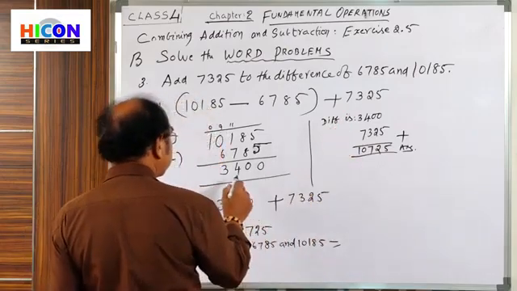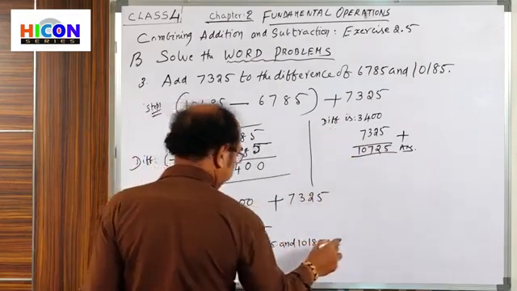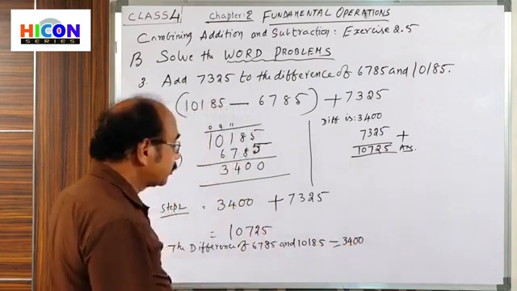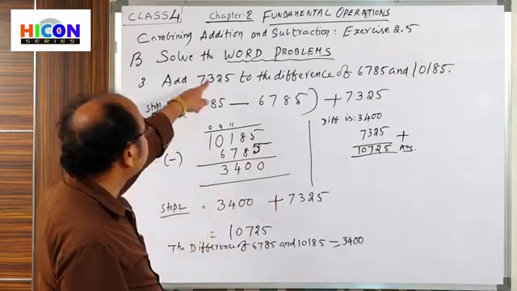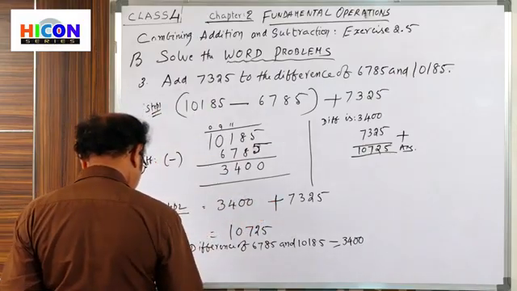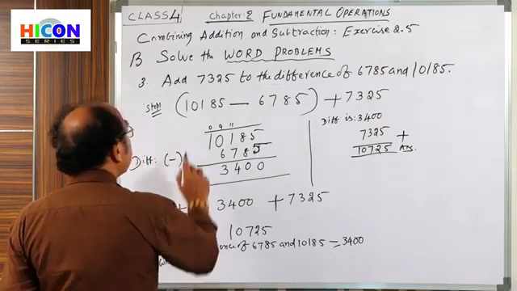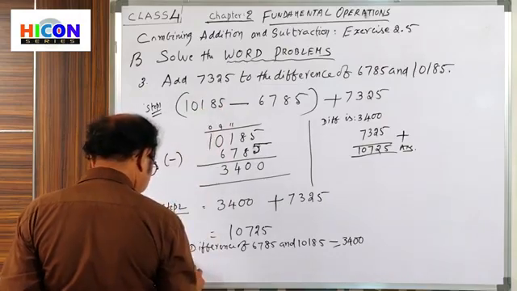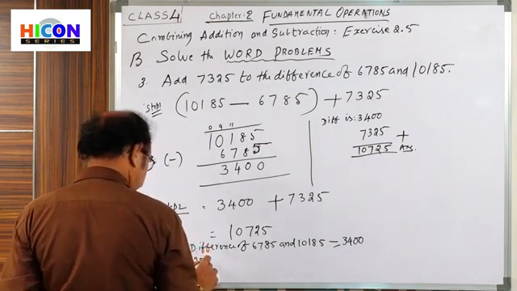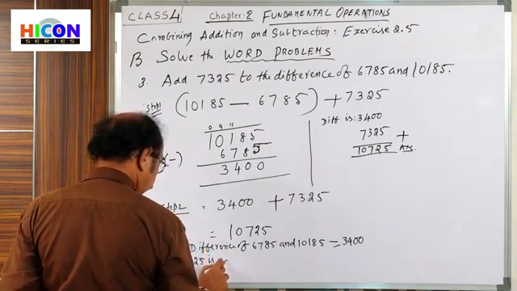The difference is 3,400. Next to this difference we add that one.